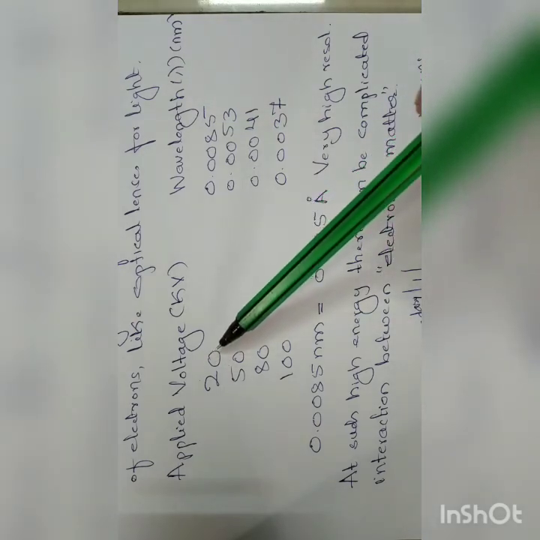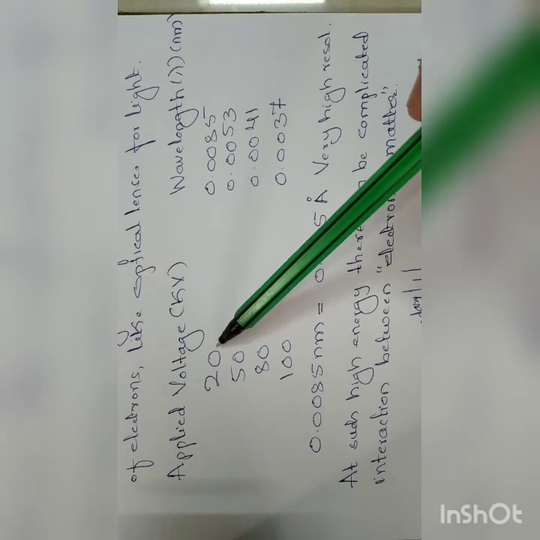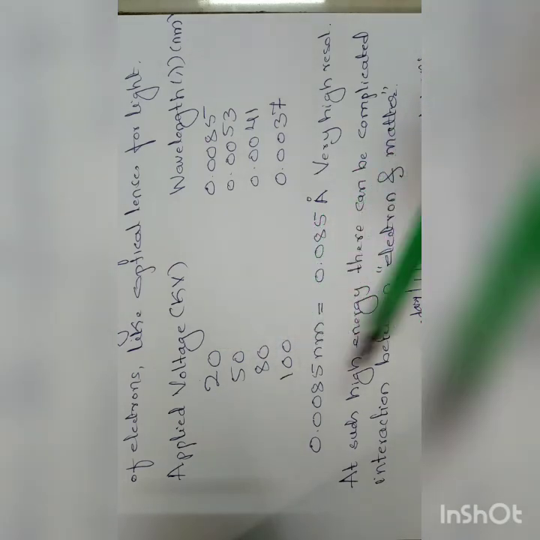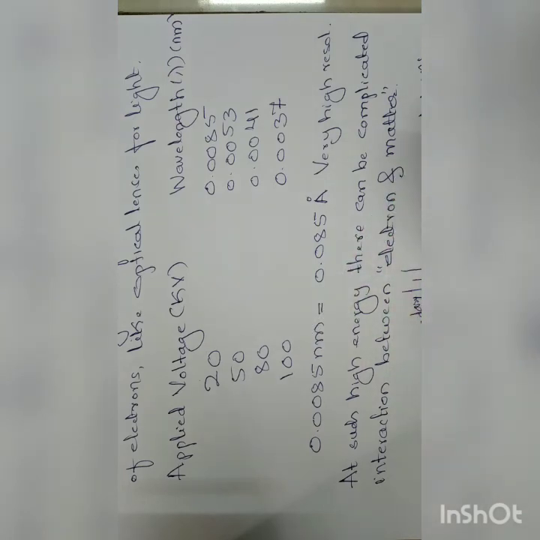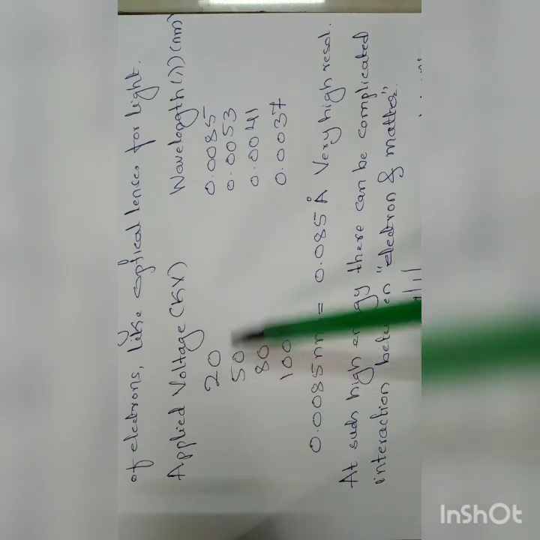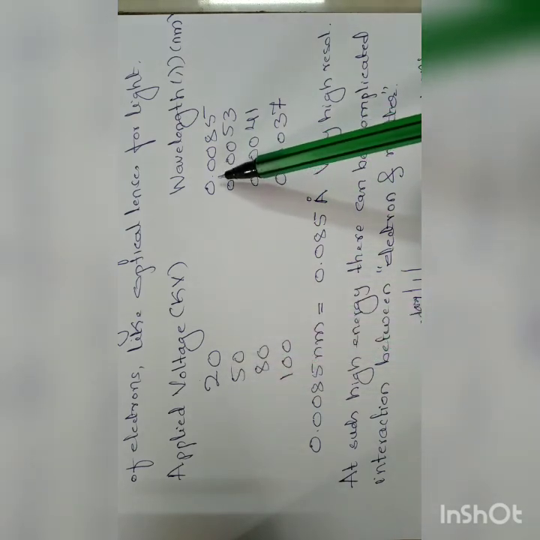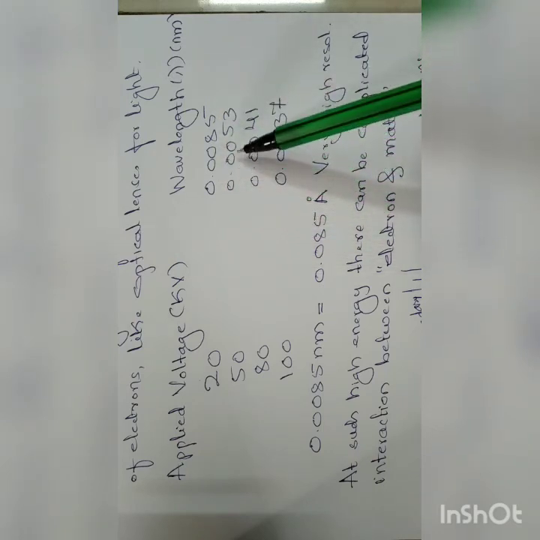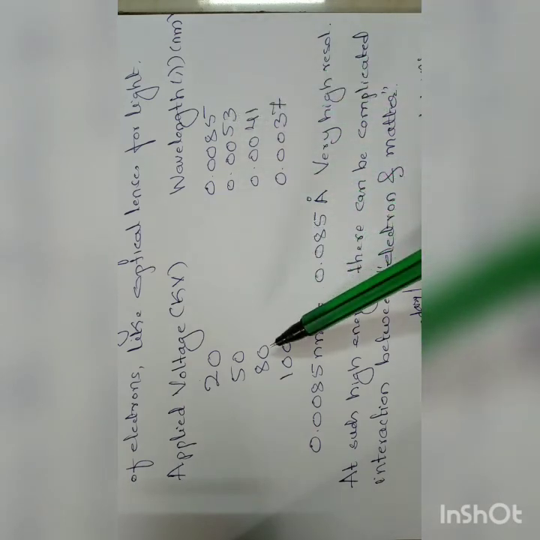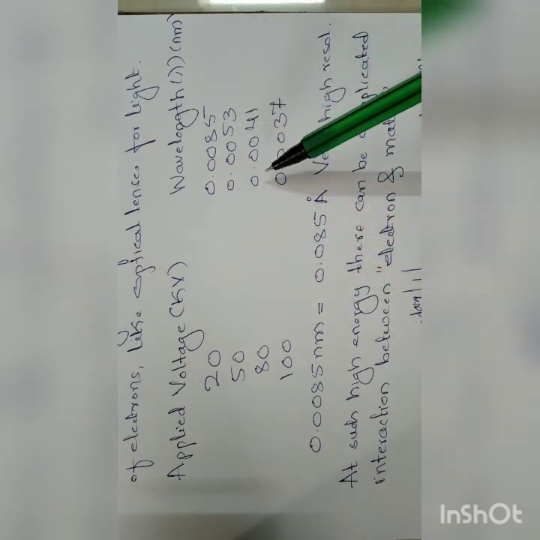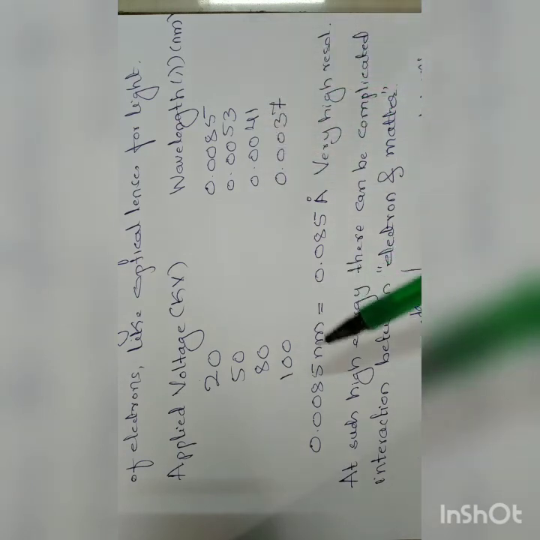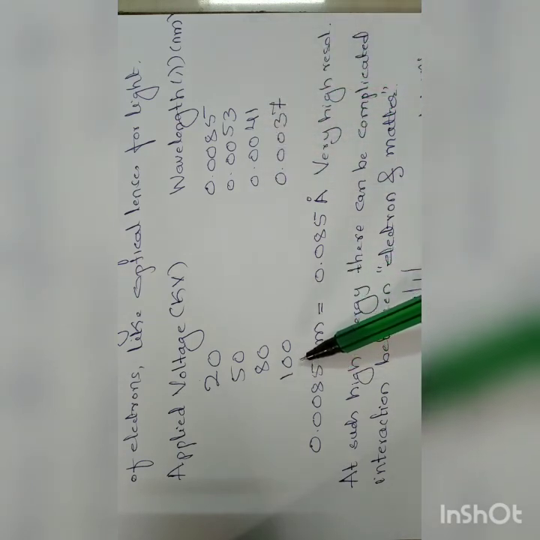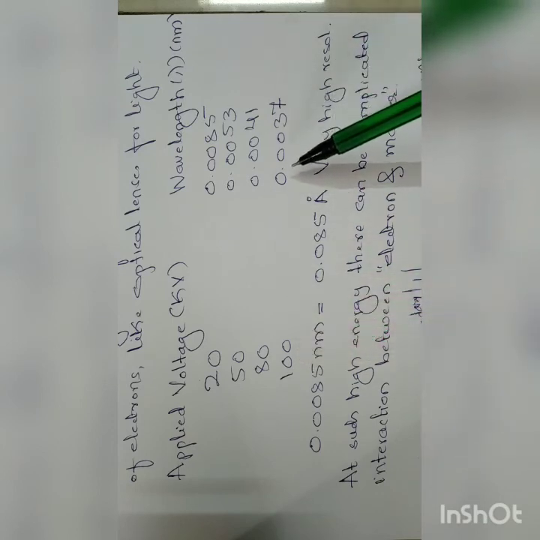So I have varied the applied voltage: 20,000 volts, 50,000 volts, 80,000 volts, 100,000 volts. When you calculate the corresponding wavelength, in the case of 20 kilovolts the associated wavelength is 0.0085, in this case 0.0053, in the case of 80 kilovolts it is 0.0041, and in the case of 100 kilovolts the associated wavelength is 0.0037.